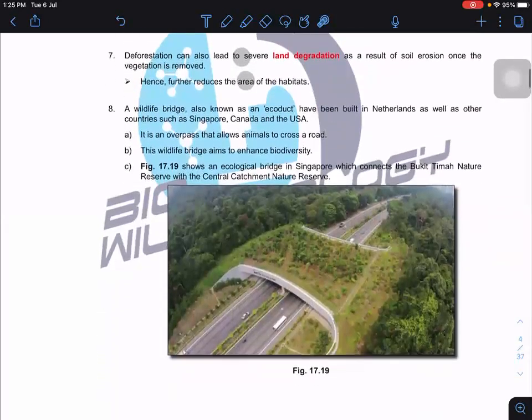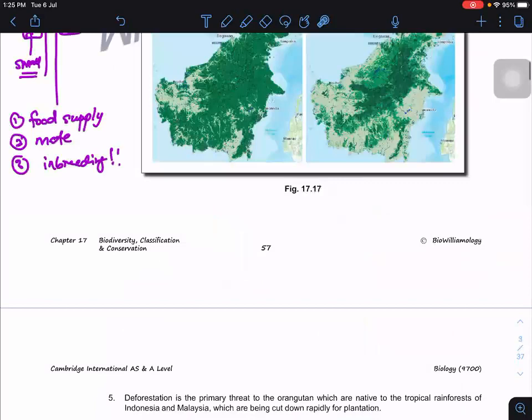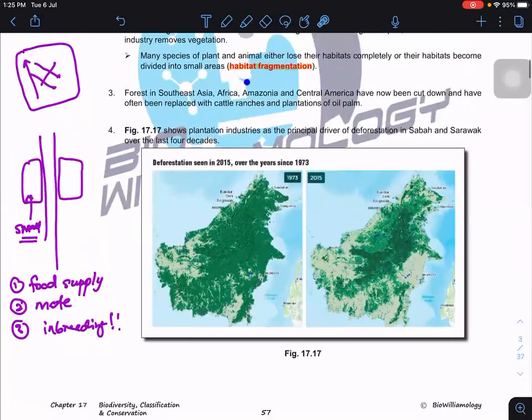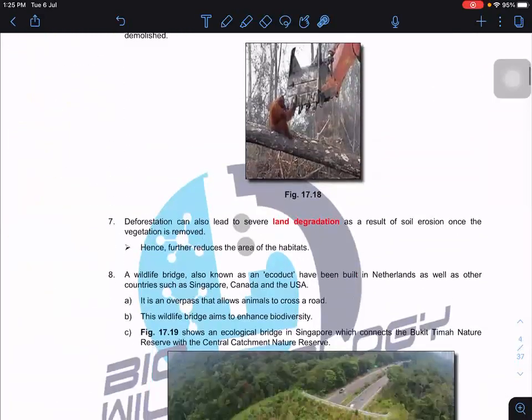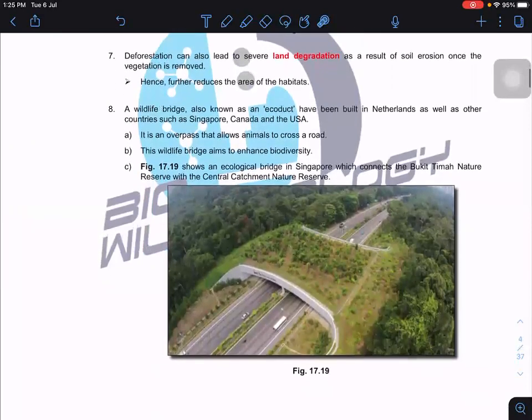And also deforestation can lead to severe land degradation as a result of soil erosion, so it further reduces the areas of the habitats. So to tackle the problem of habitat fragmentation, one of the ways is to build what we call the eco bridge.